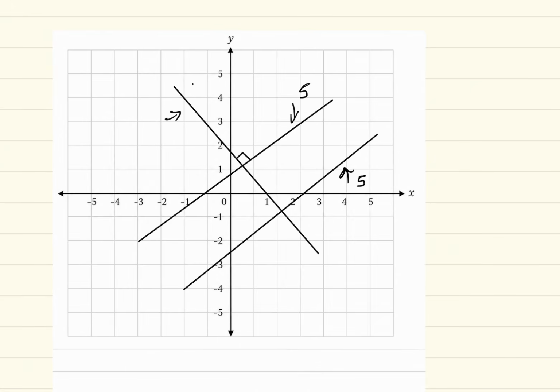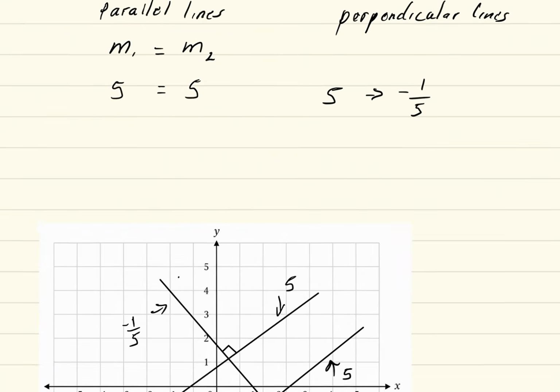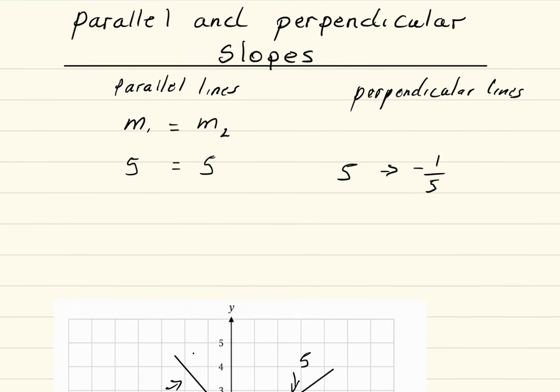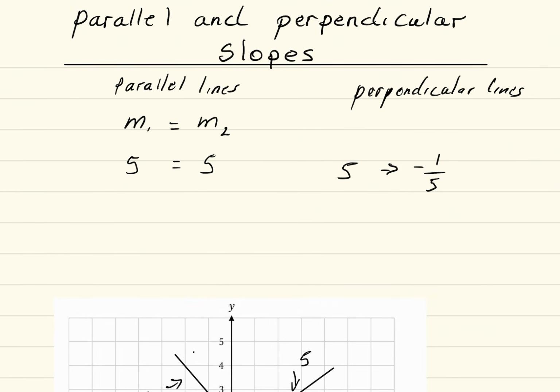So this line could be negative 1 over 5. So this applies to many other numbers, but what you need to remember is that parallel lines are equal in slope and perpendicular lines are negative reciprocals.